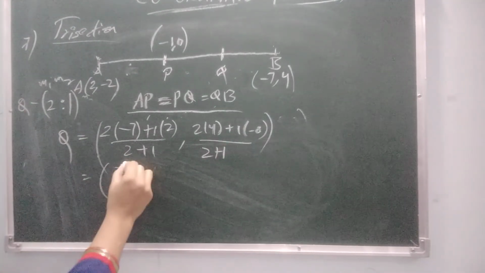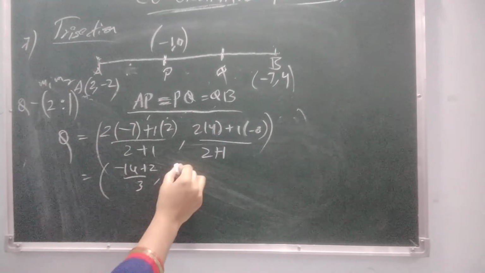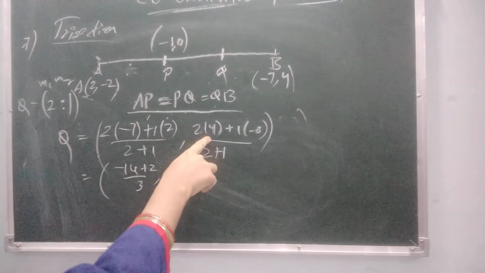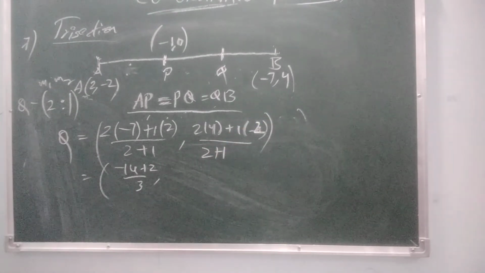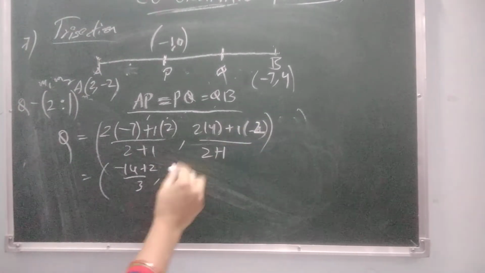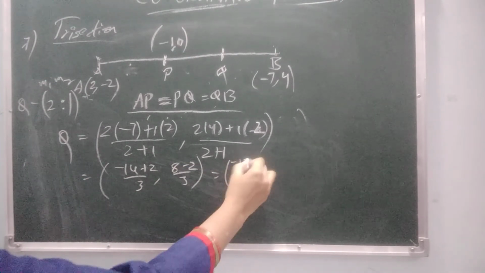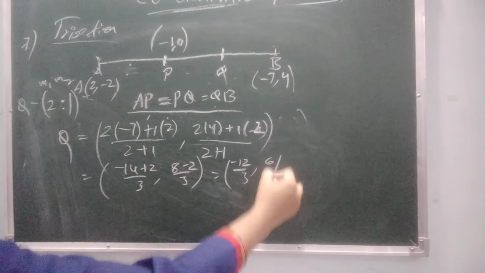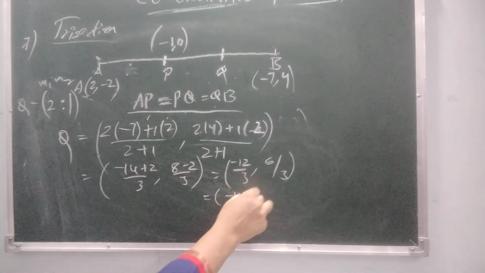Okay, minus 14 plus 2 by 3 comma 8. 4 2s are 8 and minus 2, 8 minus 2, yes, by 3. Okay, that means minus 12 by 3 comma 6 by 3. That means minus 4 comma 2.